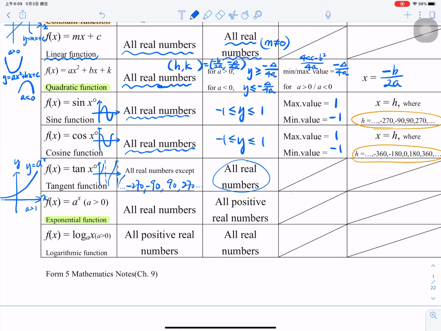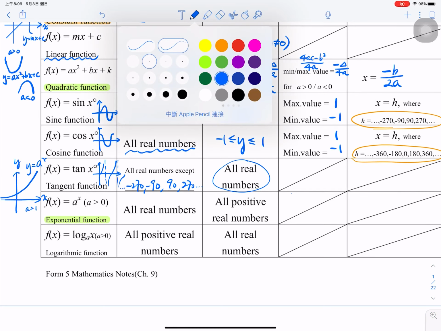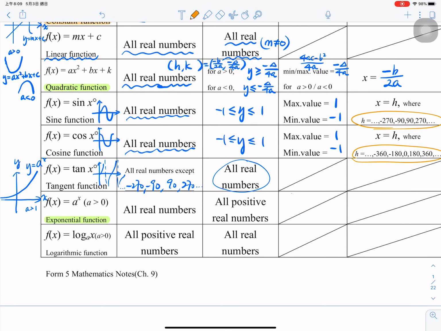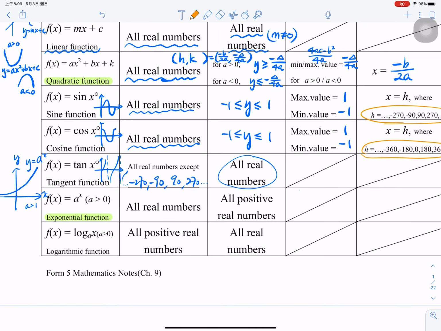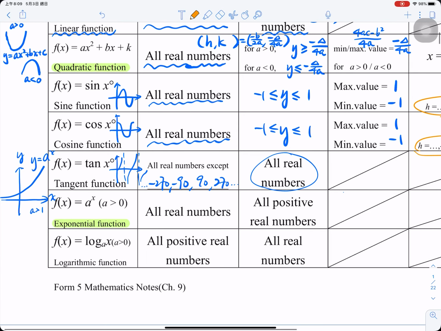And the other one will become like this. For the orange one, a is in between 0 and 1. Do you remember? So we have two different kinds.